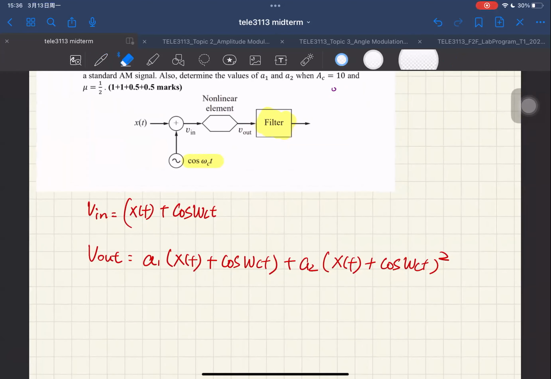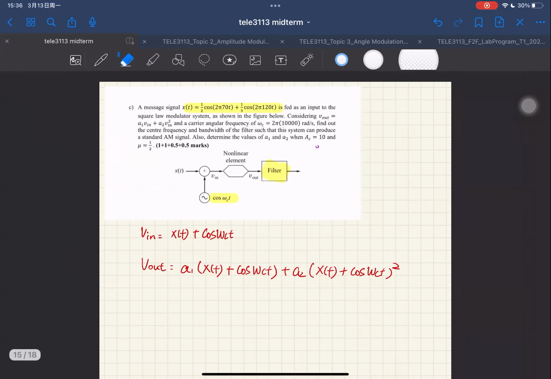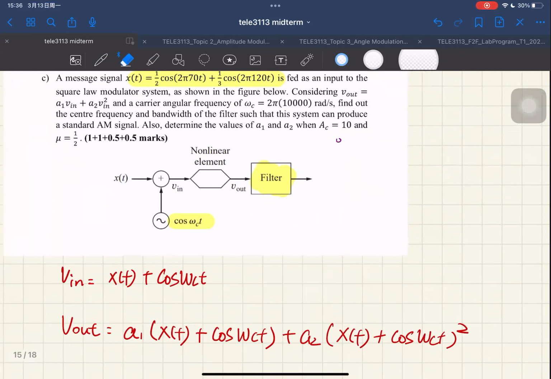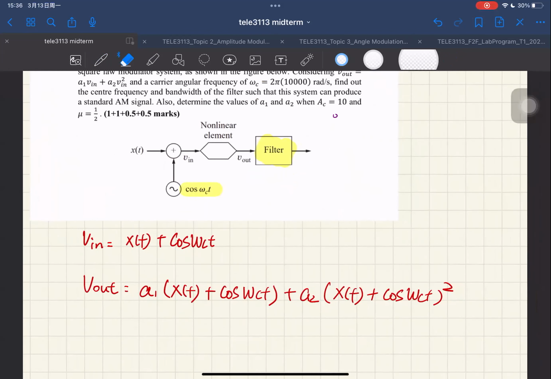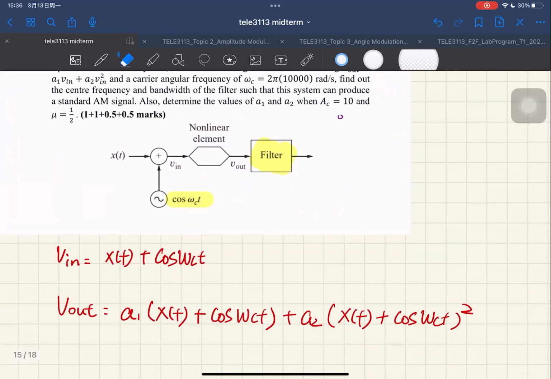That's being given by the question, and the V out is also given: it's A1 times V plus A2 times V squared. So this is V squared. Anyone got a question for that?